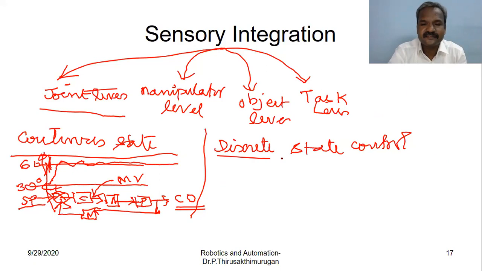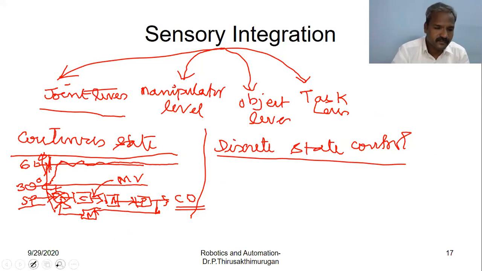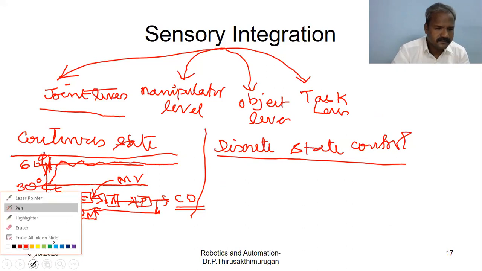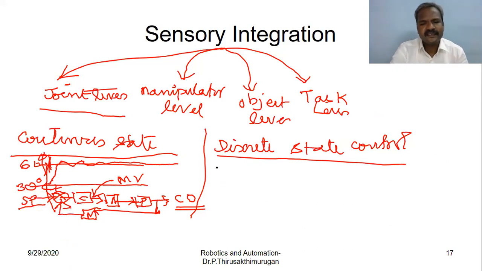The discrete state, what is discrete state? This discrete state control system does not worry about the regulation about the set point. Okay, it doesn't regulate. It just maintains various levels.